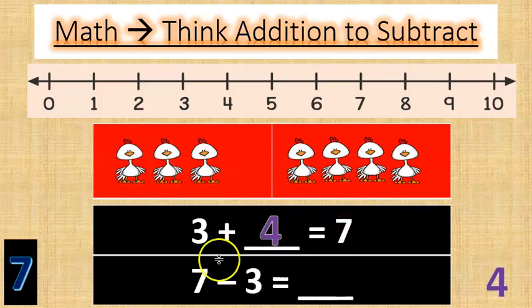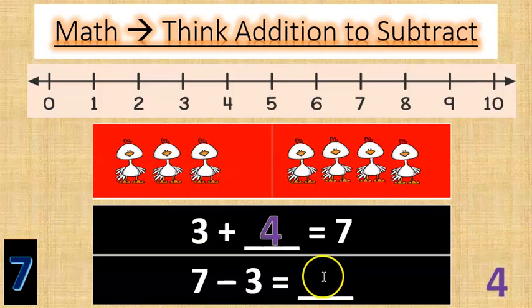Good job. Now let's come here to our subtraction equation, okay? Let's read it together. 7 minus 3 equals blank. Let's read it again. 7 minus 3 equals blank.